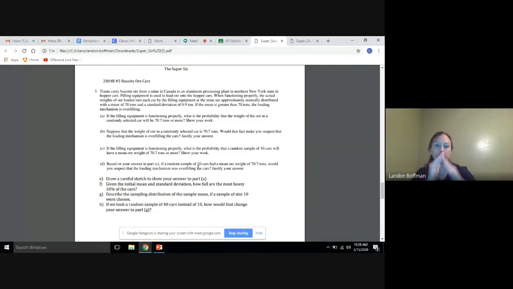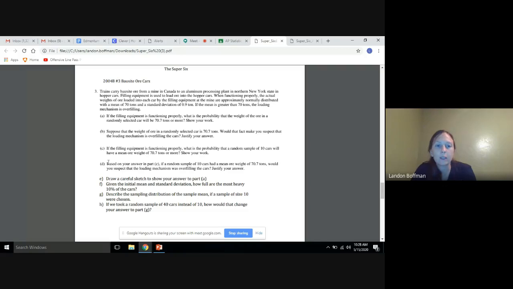That was a specific sampling distribution for a sample size of 10. If we changed our sample size to 20 cars, then we would have to create a whole new sampling distribution, and the variability would be getting smaller and smaller as we increase our sample size. So the likelihood of getting something out in those tails is going to get smaller and smaller.